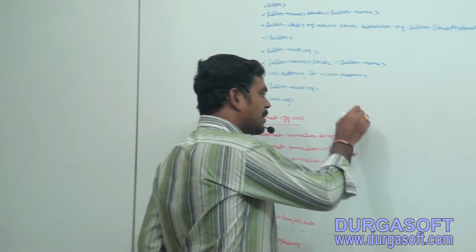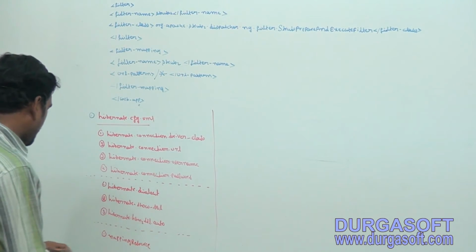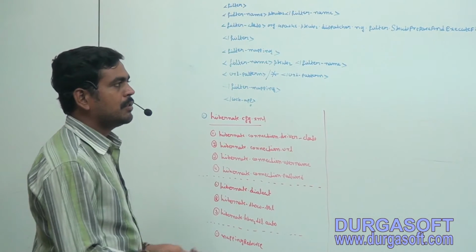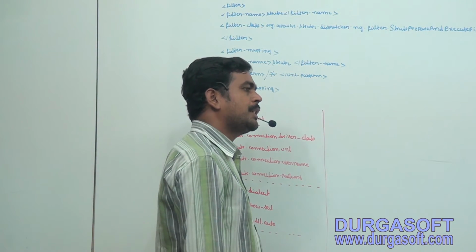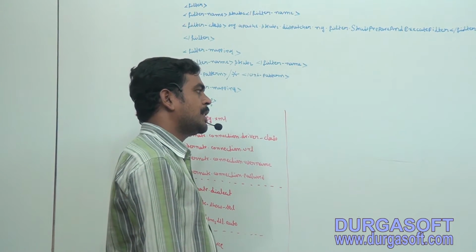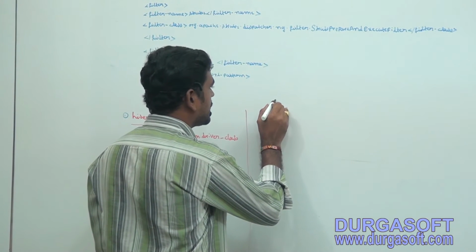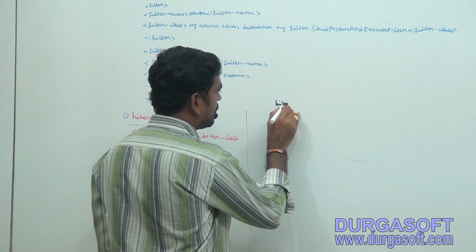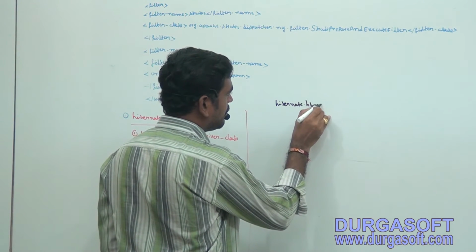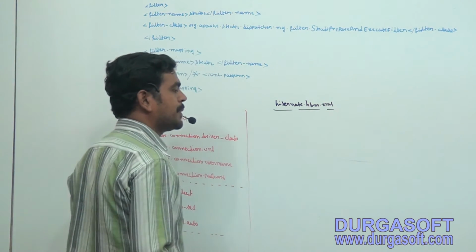Then after that we can develop the HBM file. How to develop the HBM file? We can map the POJO class properties as well as database column names. It is like this: user.hbm.xml.